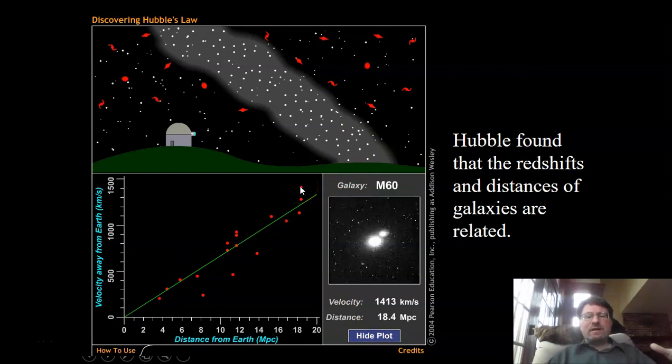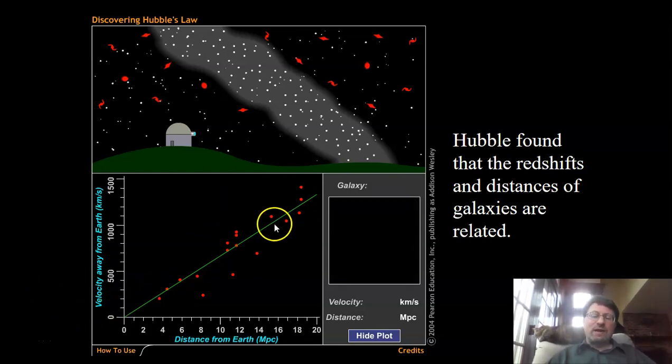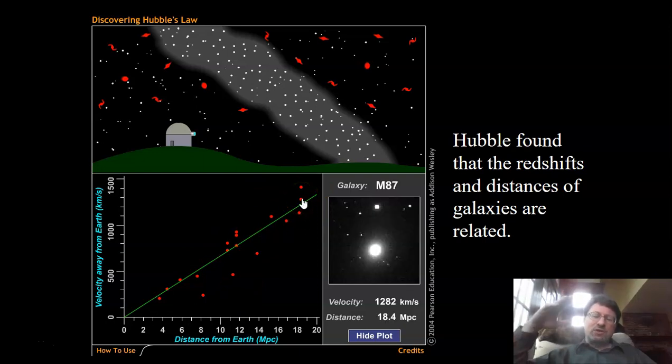And what you find is that the velocity that the galaxy is moving away from us is correlated with the distance to that galaxy. There's, in fact, a straight line that you can fit through the data. And although there's a definite scatter around that line, the percentage or relative scatter gets smaller and smaller the farther you look away.